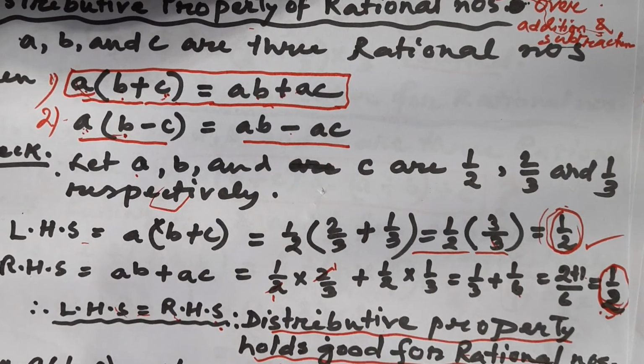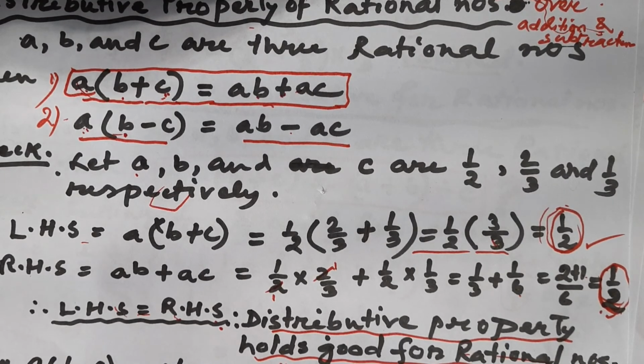Therefore, we will take A into B minus C equal to AB minus AC and put the values of A, B, C as half, 2 by 3 and 1/3 for A, B and C. So half will be A, so half into 2 by 3 minus 1/3 and it will be equal to half into, 3 3 will be common, so 3 here LCM and 2 minus 1 is 1.